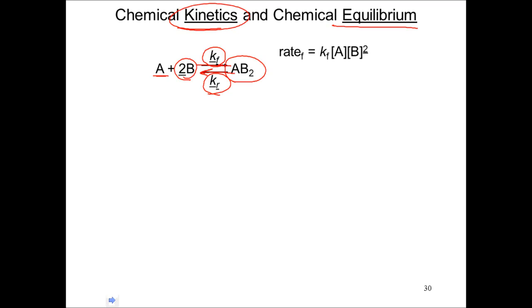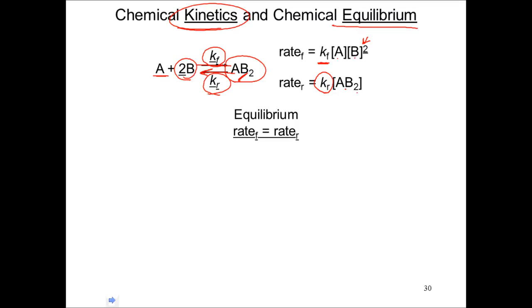The rate forward is going to be equal to, what we learned in our work so far, the rate constant times the concentration of A times the concentration of B raised to the second power, that coefficient, versus the rate of the reverse, which is going to be equal to the rate constant reverse times the concentration of our product, AB2.